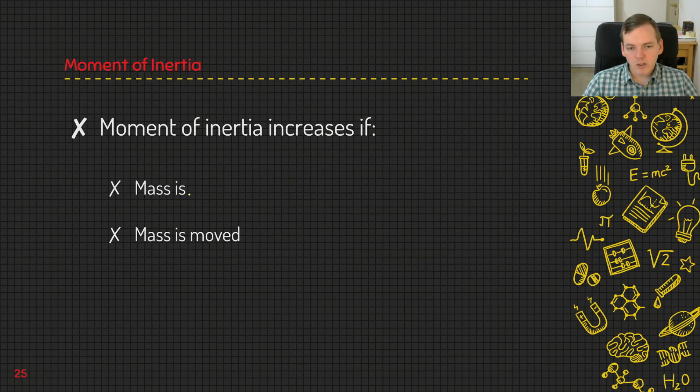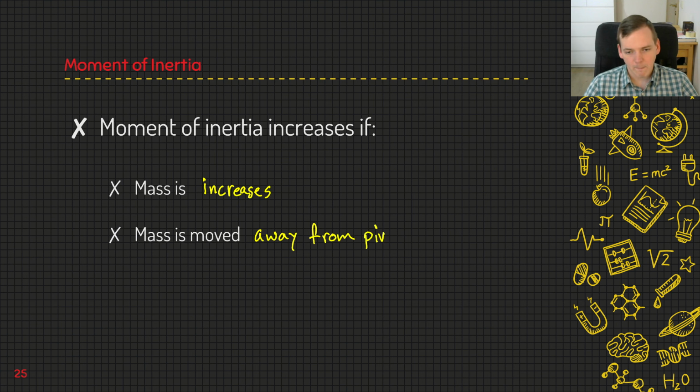So the moment of inertia will increase, or objects have bigger moments of inertia if there is more mass, so if mass increases, or mass is moved away from the pivot point or their axis of rotation.